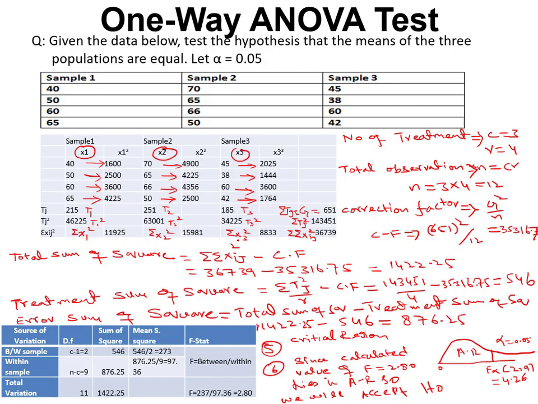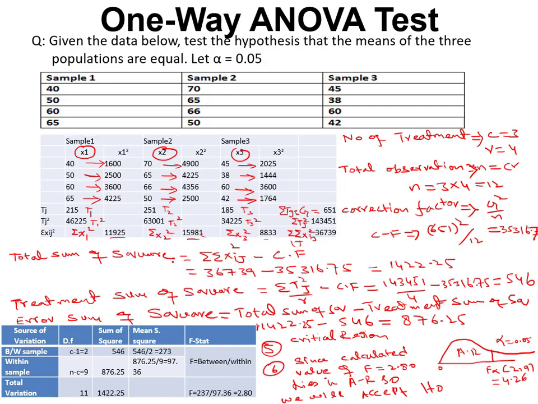Similarly, the summation of x3 square, 2025 plus 144 plus 3600 plus 1764. Now we will use the double summation, because this was for the column, summation j. Now we add the rows. That is why this is i and this is j. Summation i, summation j, xij square. When you add all these three, 36739.